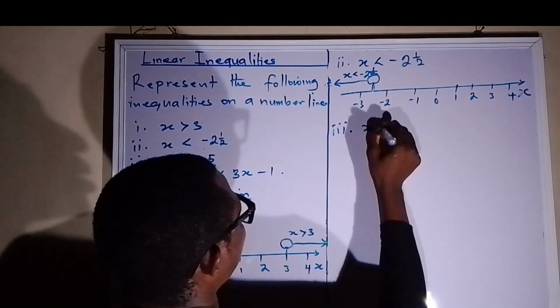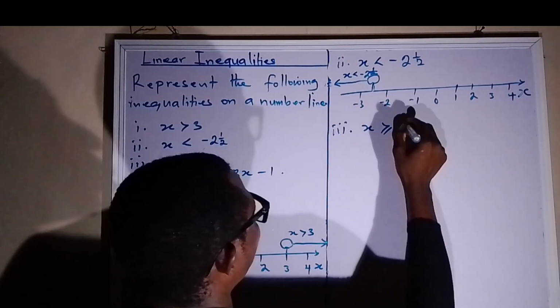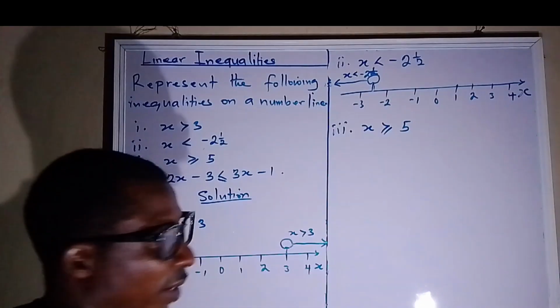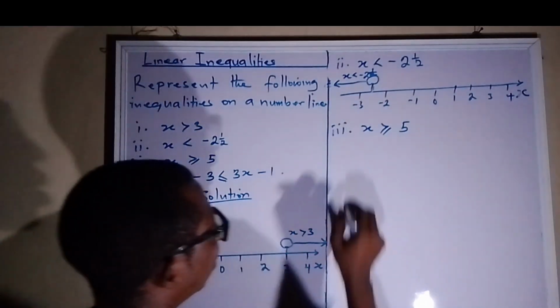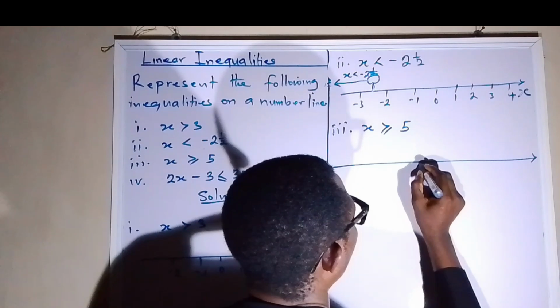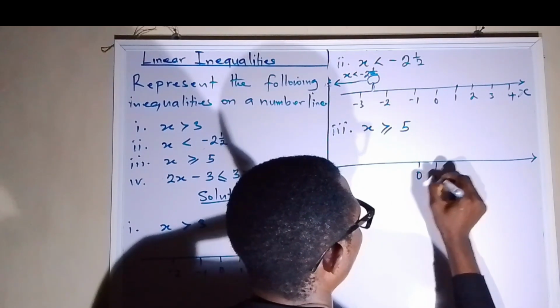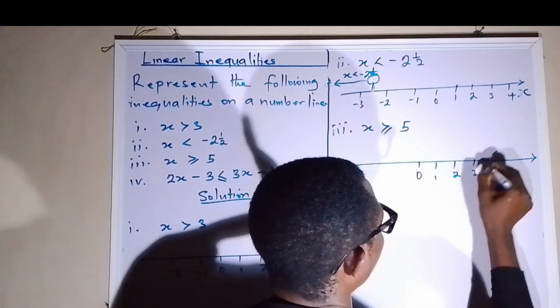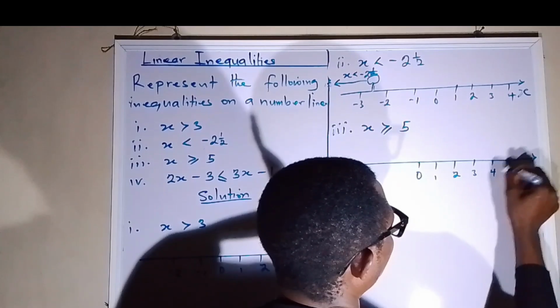You have x is greater than or equal to 5. Alright, so on our number line we have 0, 1, 2, 3, 4, 5, 6.